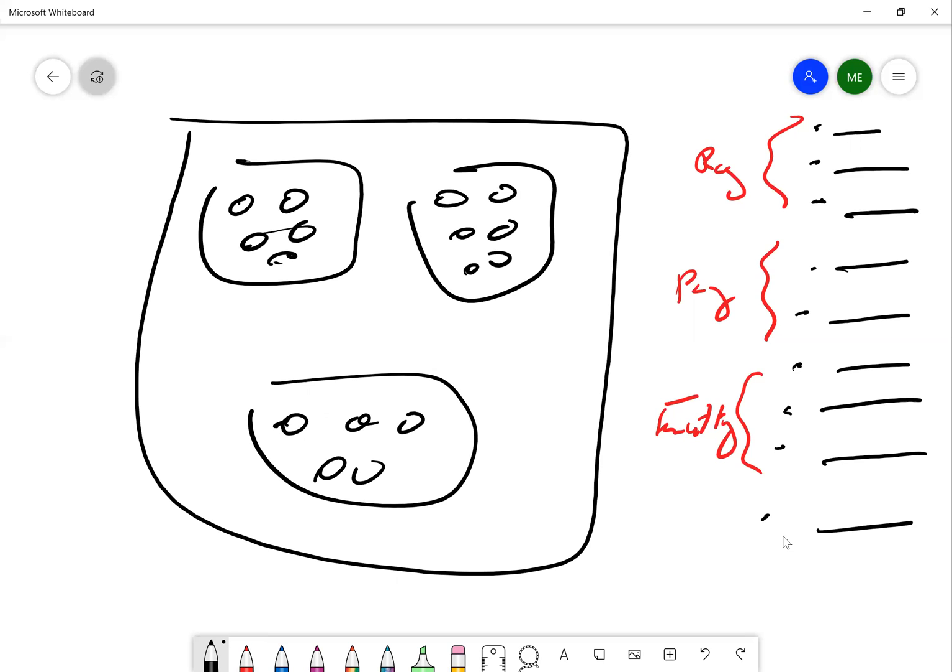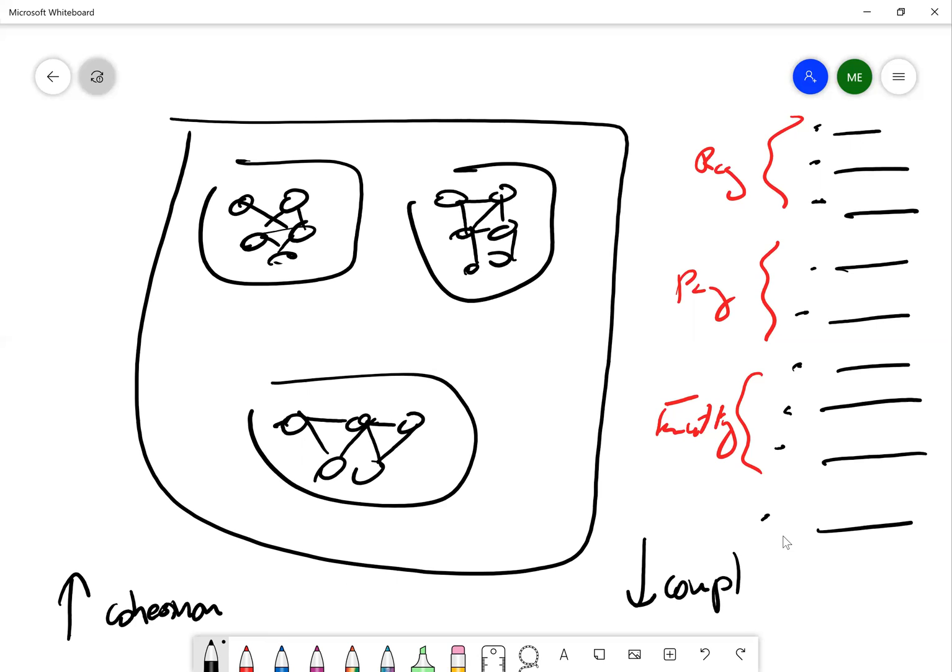Okay, we look for a high level of cohesion. Okay, what is cohesion? It means the classes inside one package should have a high relationship level. Okay, and a low level of coupling, and the couplings are the inter-package relationships.